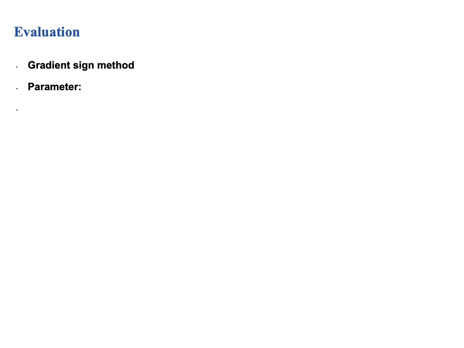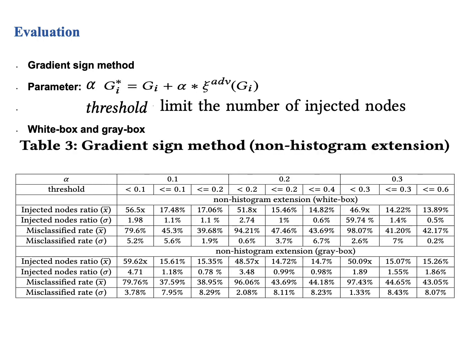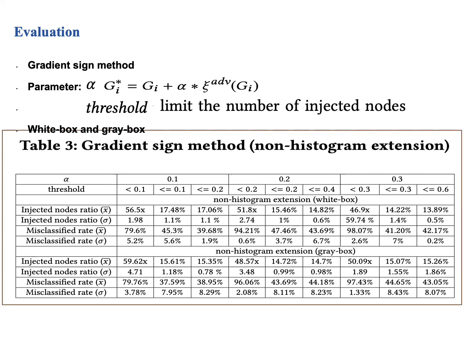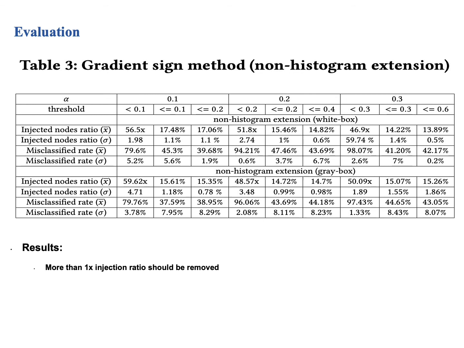Again, we will show our results for our gradient sum-based way. Here we give two different parameters. The first one is alpha, the other one is threshold. The purpose of the threshold is limiting the number of injected nodes. We will see our result in Table 3. We will summarize the result here.